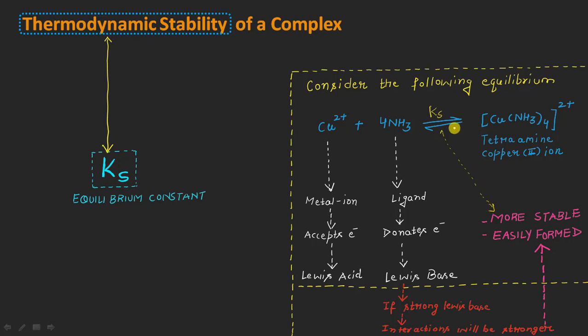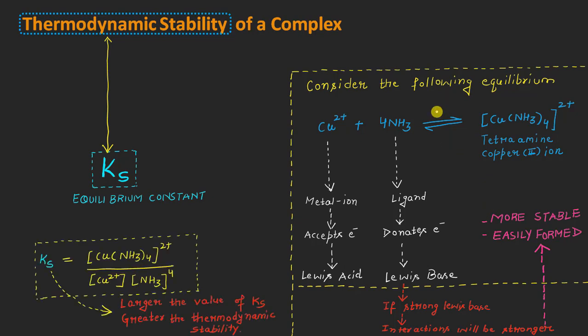And we can say that the higher the value of this Ks, which we can find by this formula, Ks will be equal to the concentration of the product, which is the tetraammine copper(II) ion, divided by the concentrations of the species from which it is formed, the concentration of the Cu2+ ions, as well as the concentration of the ammonia, which you can see here.